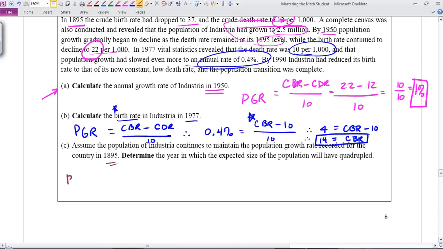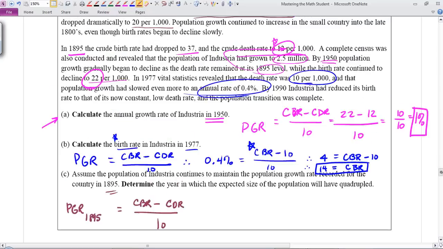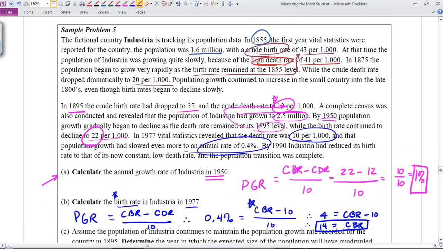So the PGR for 1895 is equal to that crude birth rate minus the crude death rate over 10. I'm just using that same formula over and over again. So what was the birth rate? 37 for 1895.